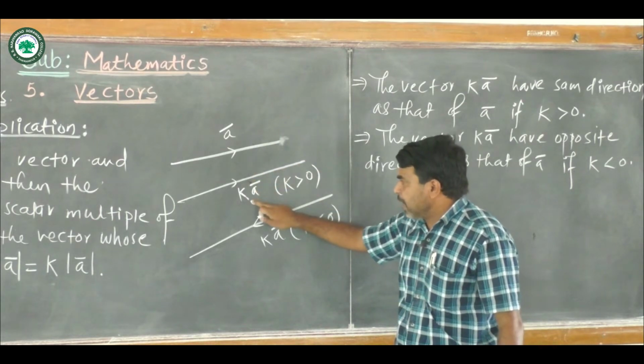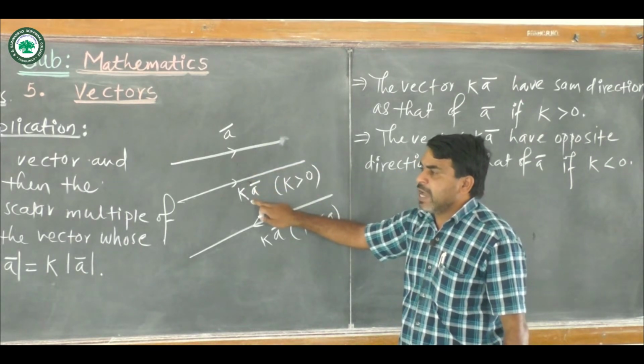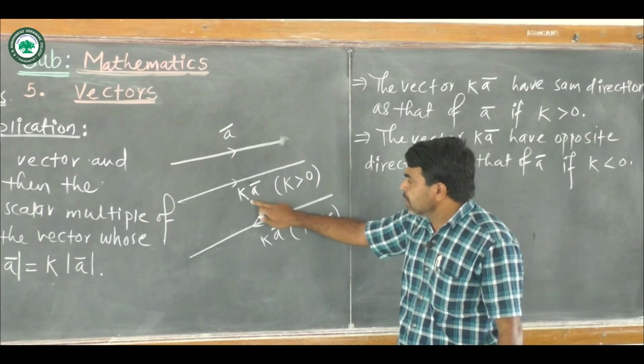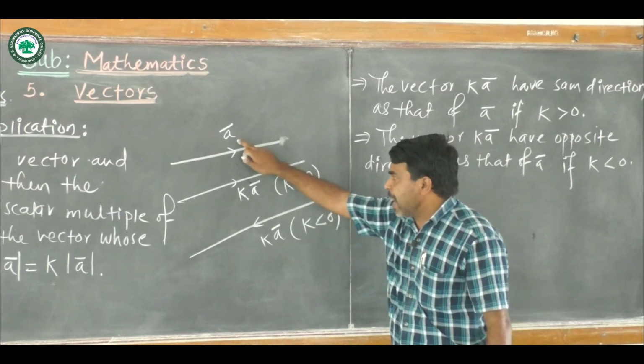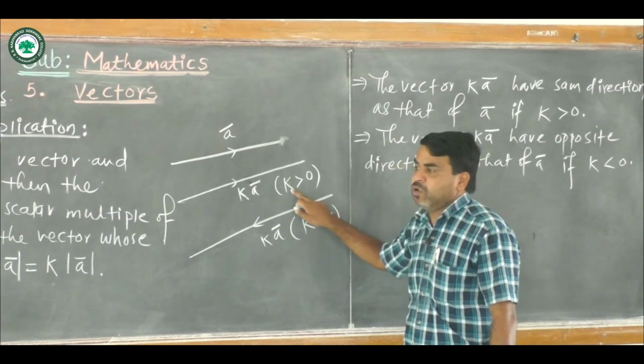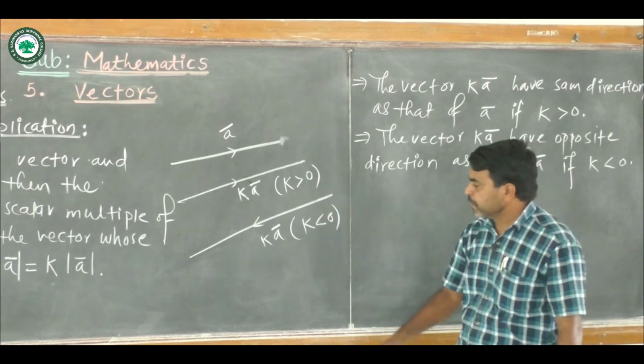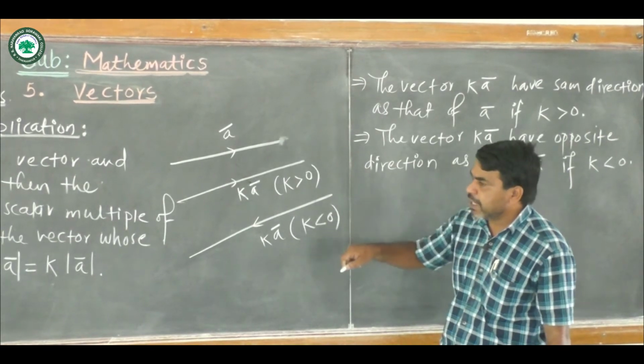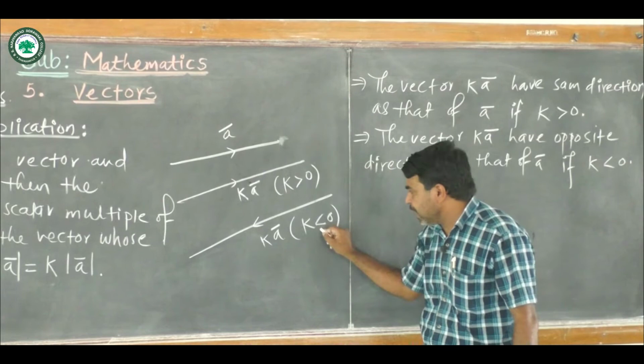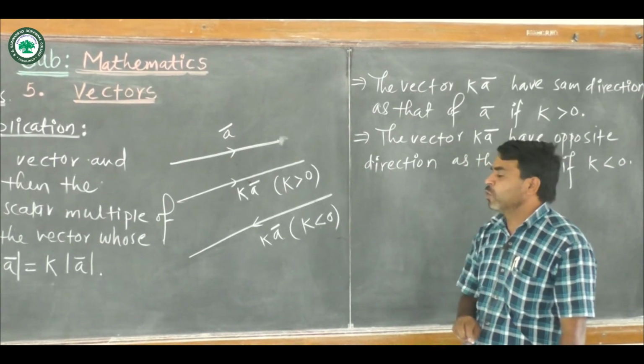K into a bar is the vector which has direction as that of a bar if k is greater than 0, means if k is positive, and it is in opposite direction to a bar if k is less than 0.